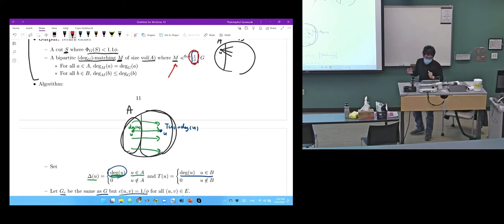I can only say that if there is some phi-sparse cut in the graph, you know that you cannot embed an expander with congestion better than 1/5. Yeah. So in particular, this matching is the best we can hope for. Yeah. Sure. Next. Sorry. Okay.